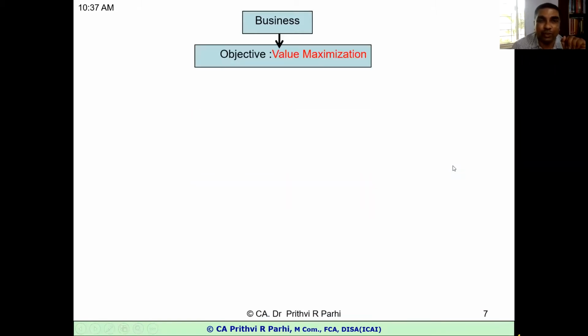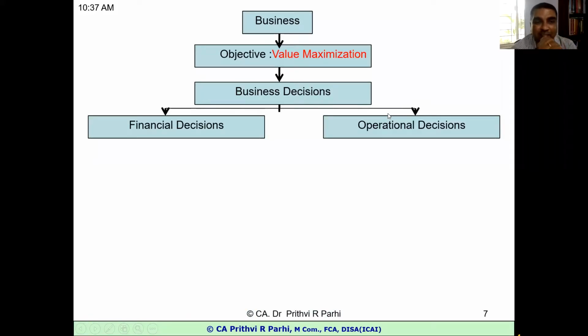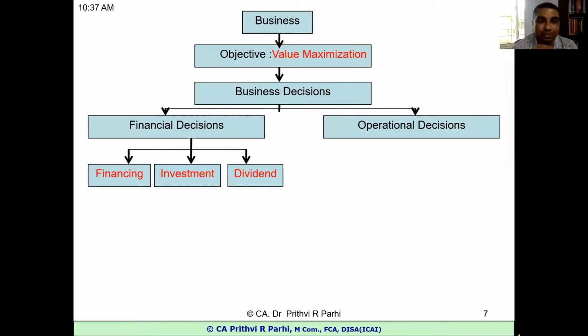When you do business or take decisions with the objective of maximizing value, we have to take various business decisions, which can be classified as financial decisions and non-financial or operational decisions. The financial decisions include the financing decision, investment decision, and dividend decision. For example, if you want to start a business, you might be thinking about where you will arrange money from.